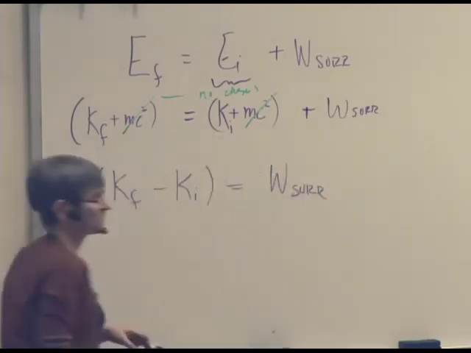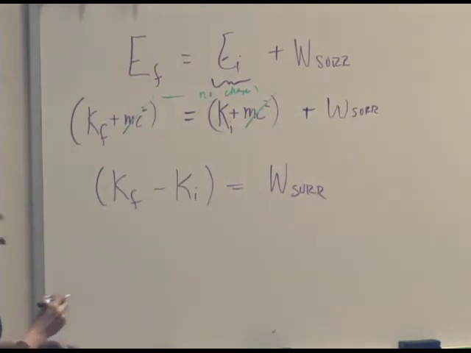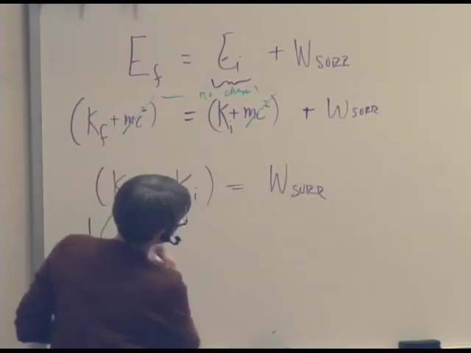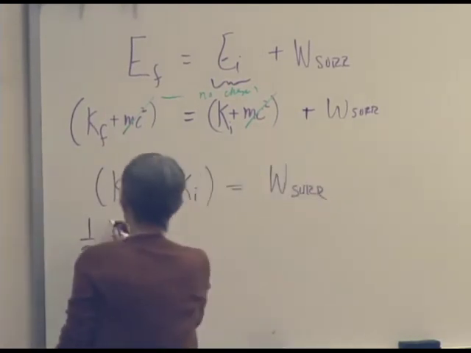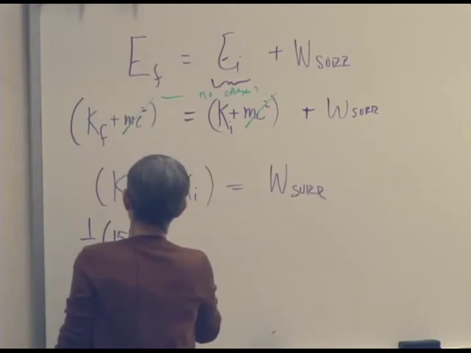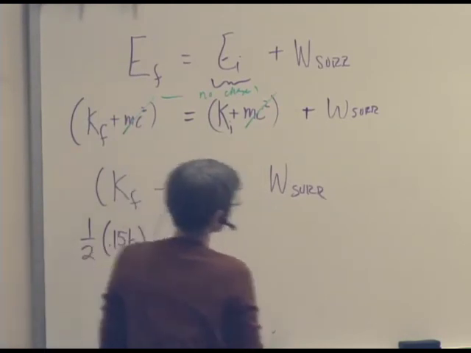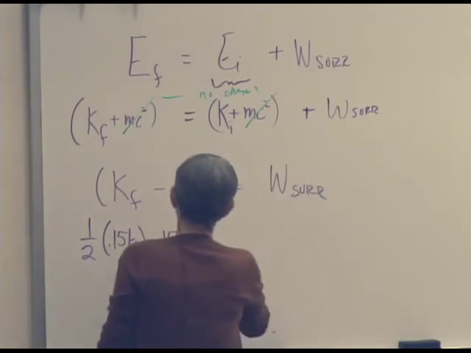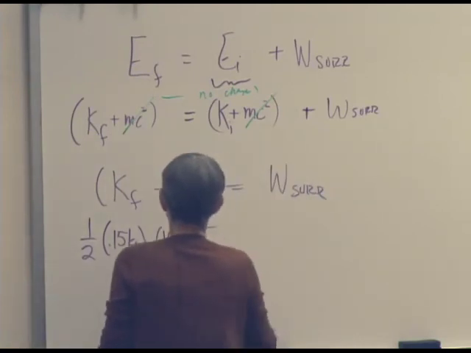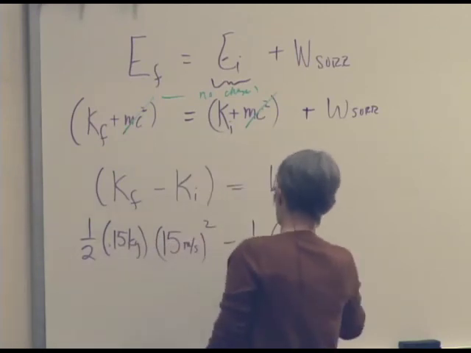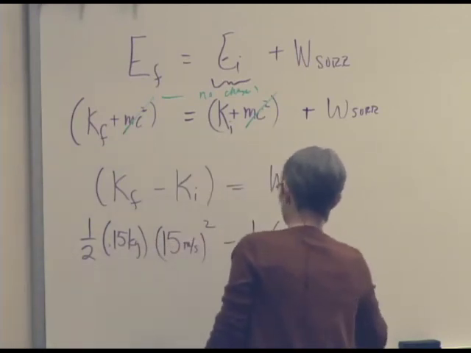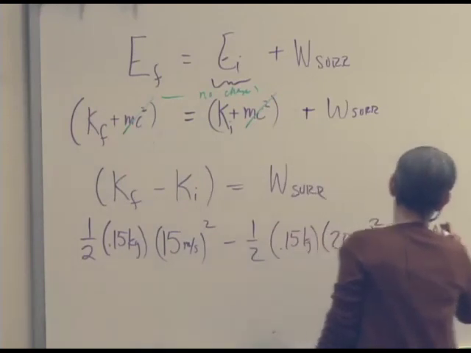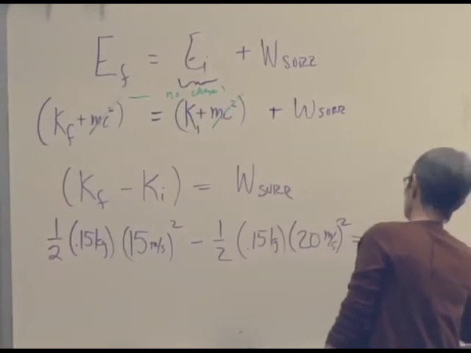And how are we going to calculate the kinetic energy? A half mv squared. So we have a half times, what do we say, 0.15 kilograms times the final speed, 15 meters per second, squared, minus a half times 0.15 kilograms times 20 meters per second squared, is the work done by the surroundings.